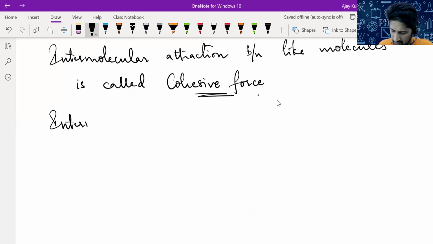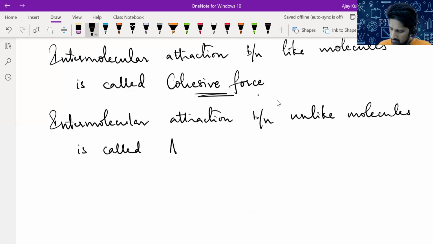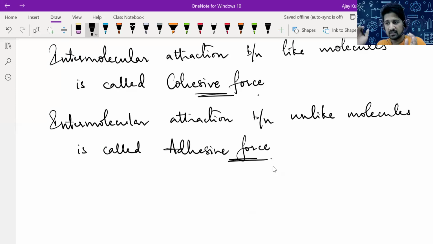That intermolecular attraction between unlike molecules, or molecules of different kinds, is called adhesive force. So cohesive force basically keeps the liquid molecules together. It's the force of attraction between one liquid molecule and another one. Adhesive force is the force of attraction between liquid molecules and the solid with which the liquid is in contact.